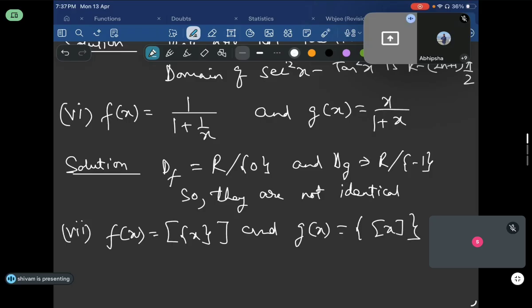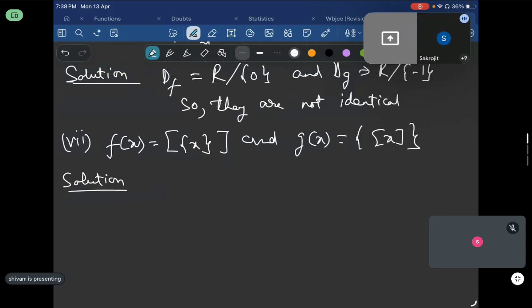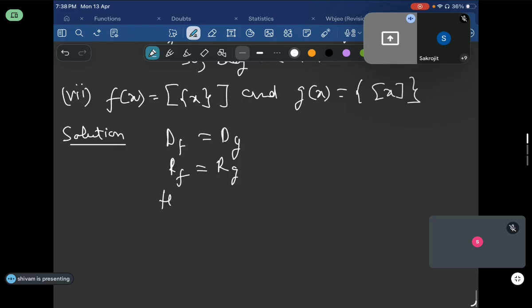Are they identical or not? Socrates, tell me. They are identical because both have the same domain, all reals, and the same range. Correct. Domain of f is equal to domain of g, range of f is equal to range of g. Hence, they are identical.